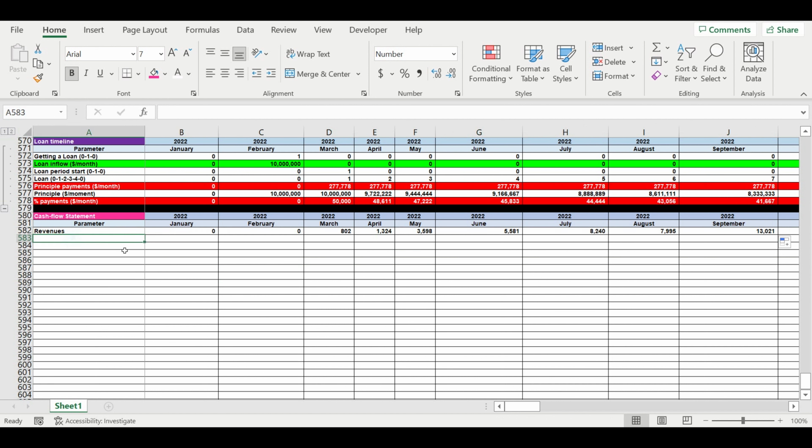So let's do it in a little bit of a different way. Revenues from workplaces.